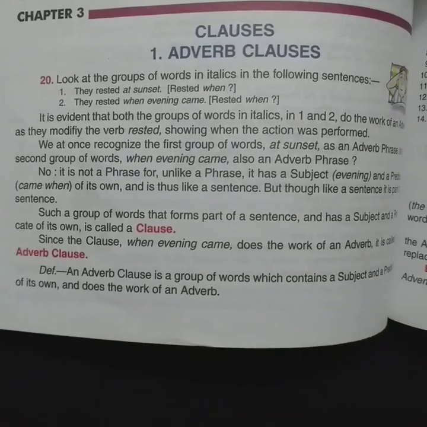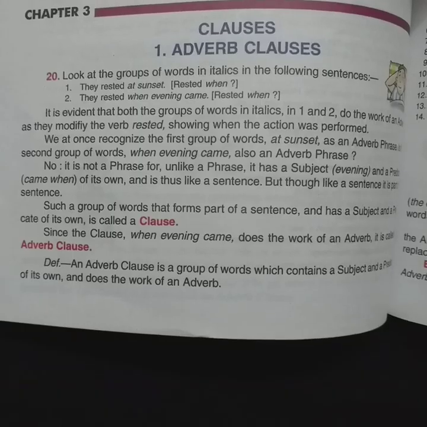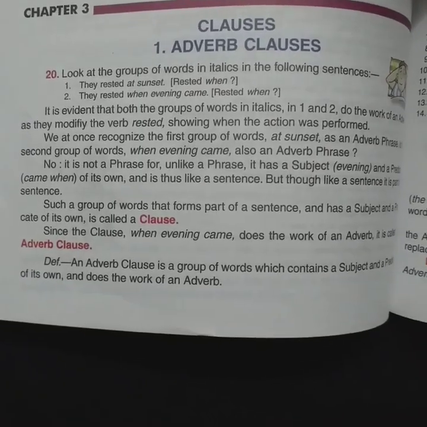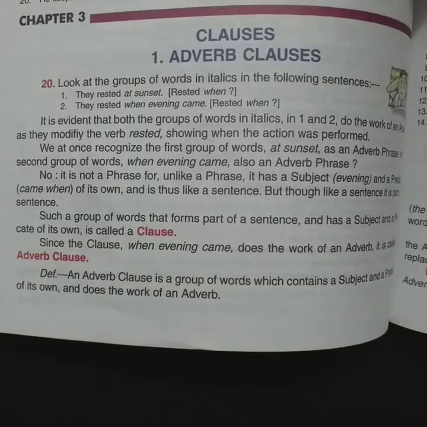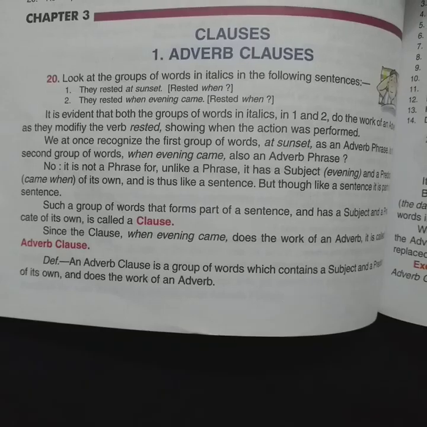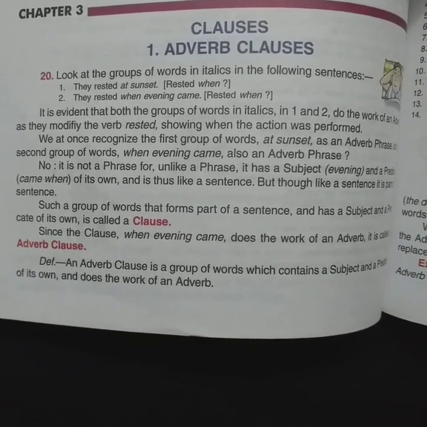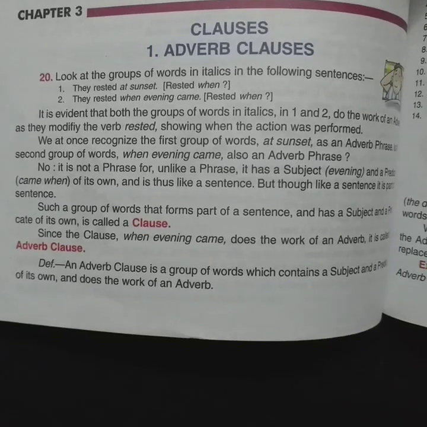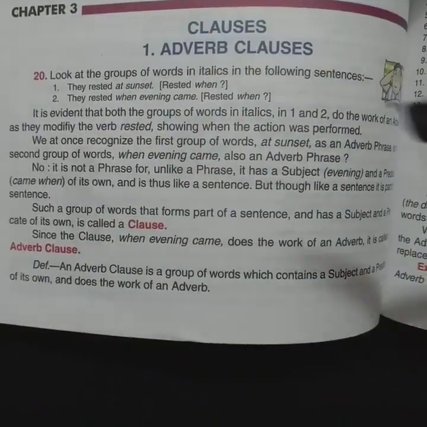There that word who defines who the person is. So that is called a defining relative clause. It clearly states who the man is. That word who really defines the rest of the words. So children, here clause means group of words.